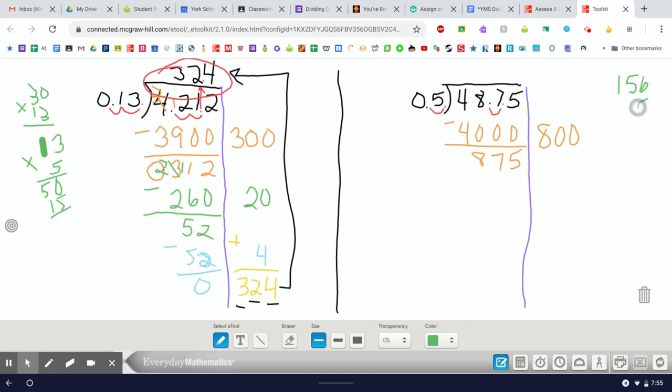All right, so that's 500 and 50 times 5 is 250. That's 750. Okay, let's use 150 5s.